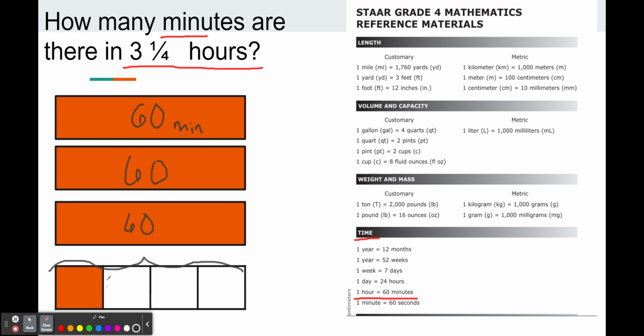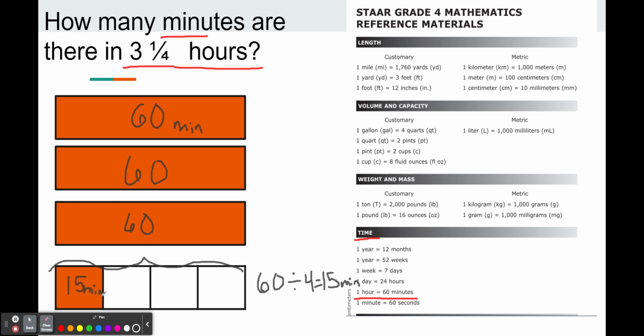So I need to figure out how much 1/4 of 60 minutes is. So I'm going to go ahead and take 60 and divide that by 4. And that is going to give me 15 minutes, because 60 minutes divided by 4 is going to give me 15 minutes. So 1/4 of an hour is going to be equal to 15 minutes.